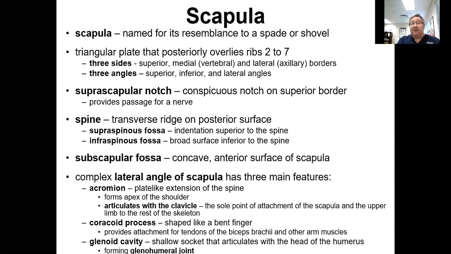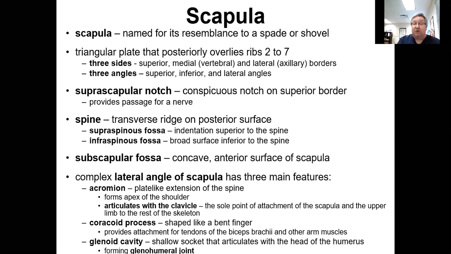The spine starts medially near the medial border and goes laterally across, and the end of the spine of the scapula is actually the acromion process. On the posterior side, the spine splits the bone into a supraspinous fossa above the spine and an infraspinous fossa below the spine.